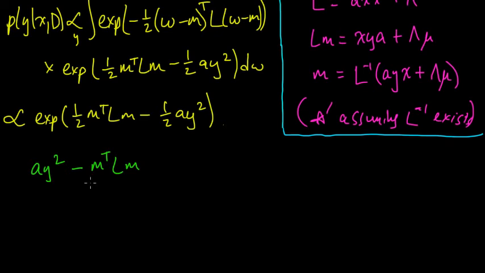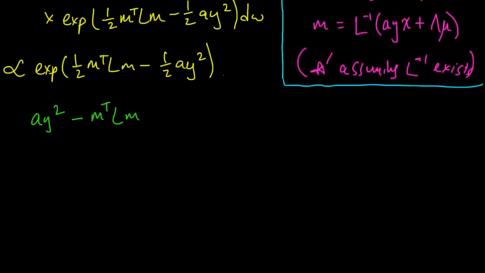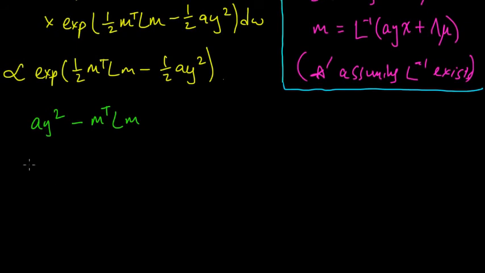And m is this thing. So let's work with this m transpose Lm. M transpose Lm equals, we plug in the expression for m, and the transpose of the product becomes the reversed product of the transposes.